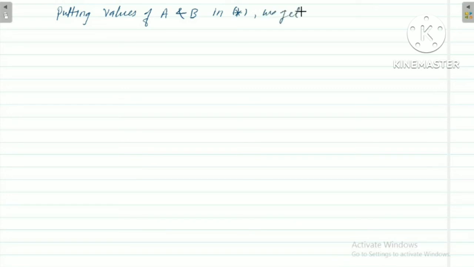Putting the values of a and b in equation star, we get s plus 1 divided by s minus 2 and s plus 2, equal to, what is the value of a?